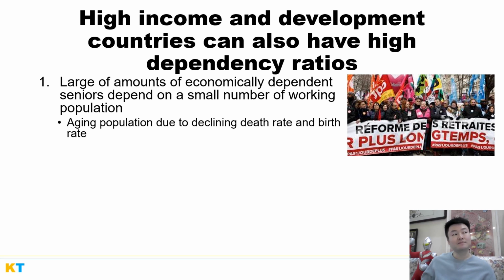This comes about because of an aging population due to declining death rates and birth rates. This makes sense. If death rates are declining, then there are more and more seniors. If birth rates are declining, then there are fewer and fewer young people. And it's always the working population of today that are funding the pensions of the seniors who are no longer working today.